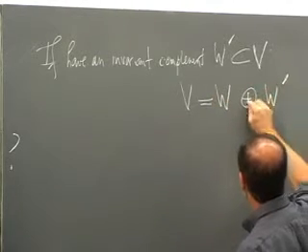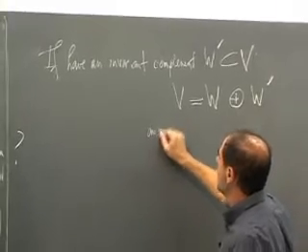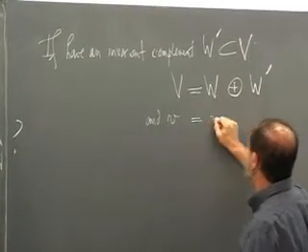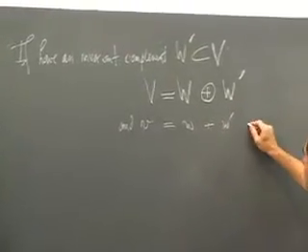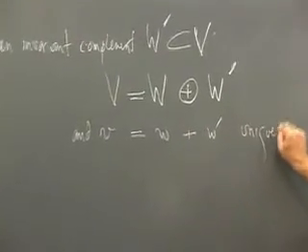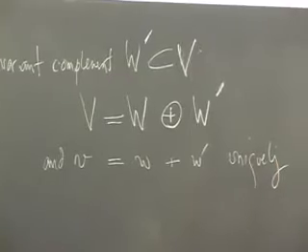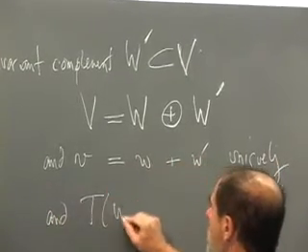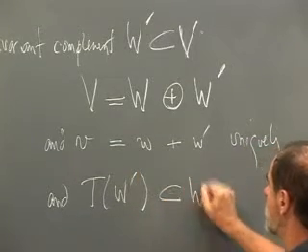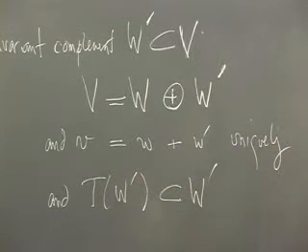So you get 2 subspaces, and any vector is uniquely of the form of a vector in W plus a vector in W prime. And T of W prime is contained in W prime, namely it's another invariant subspace.